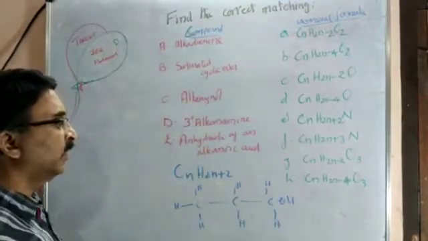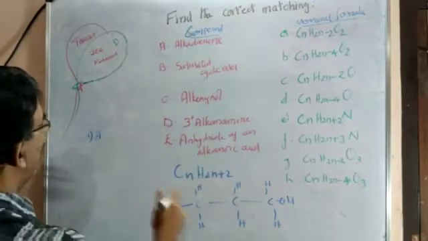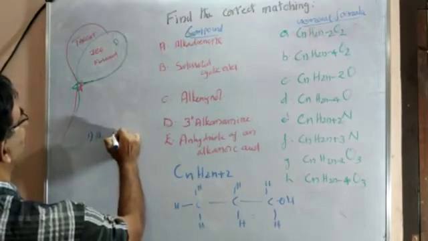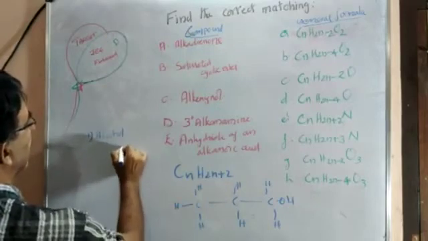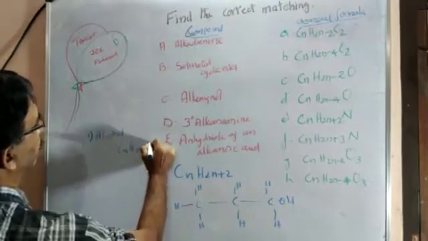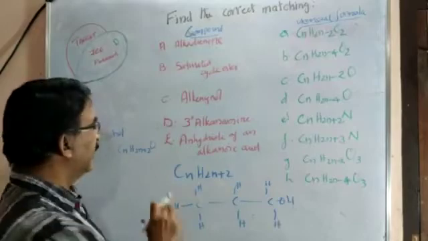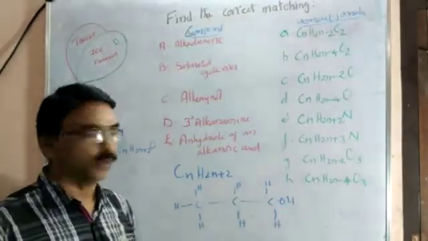So we can conclude that alcohols have the general formula CnH2n+2O. You are not separately showing OH. Condensed formula: CnH2n+2O.